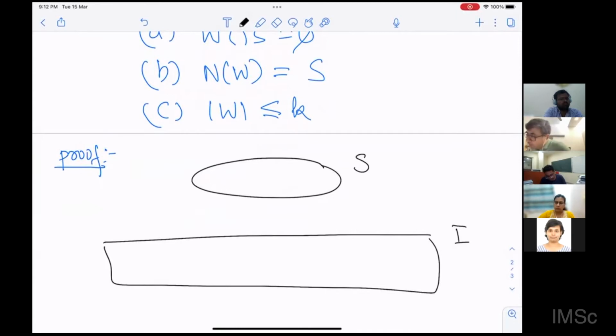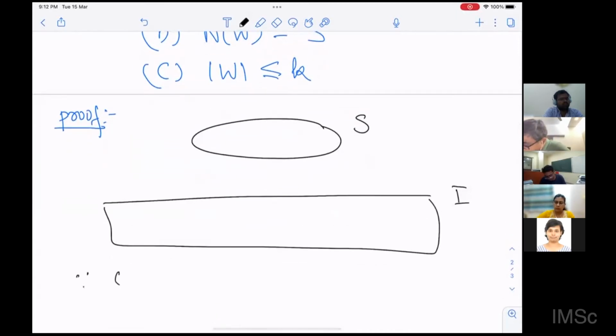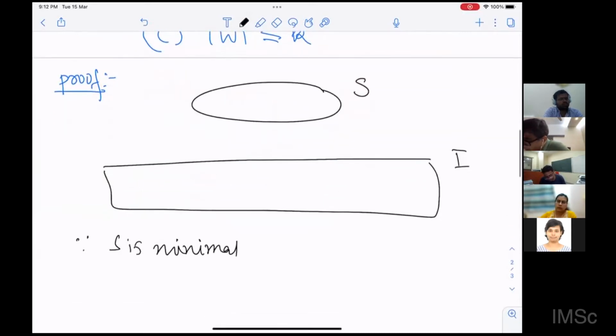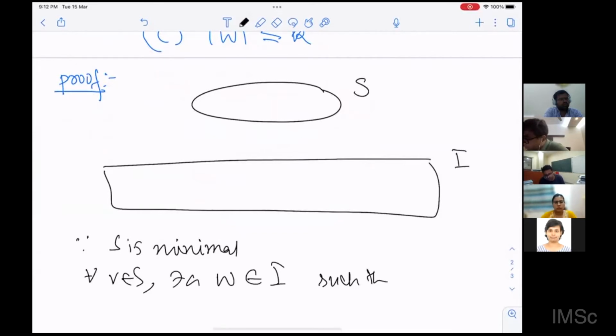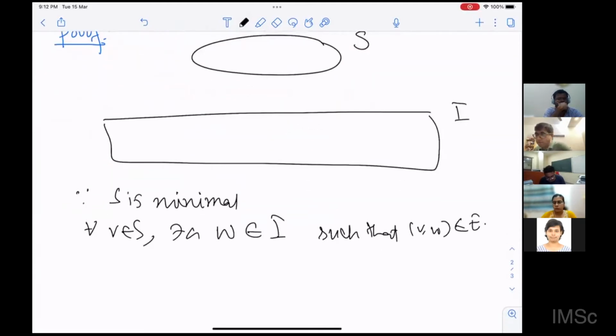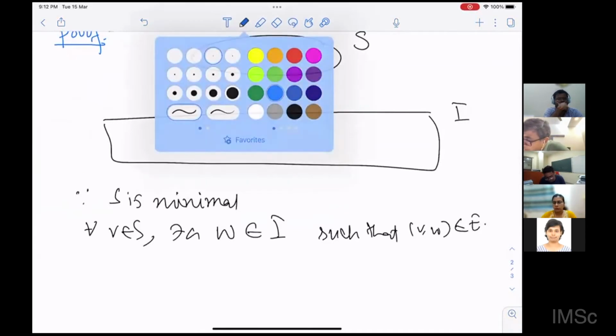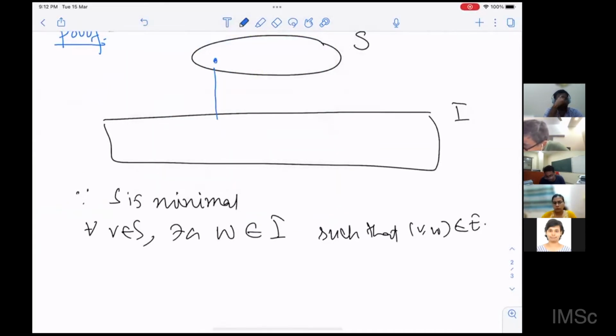Since S is minimal, what property do we have? It implies for all v in S, there exists a w in I such that (v, w) is an edge. Basically, if S is a minimal vertex cover, then for every vertex here, it must have an edge here, or it must have a neighbor w in I. Why?